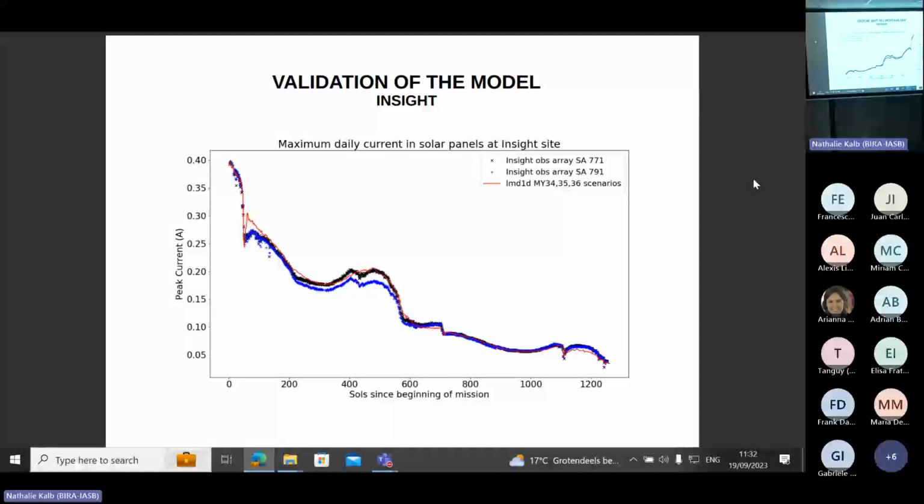And if you make the particle bigger and bigger during the mission, meaning it's due to aggregation, then you have the right fit. But if you use a constant effective radius, then the current decreases too fast, because making the effective radius bigger decreases the opacity of the accumulated dust layer.